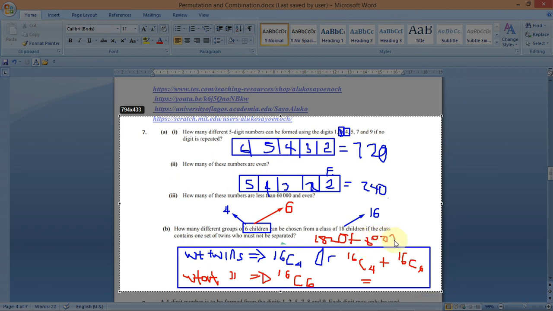So when you sum the two together, 8008 plus 1820, the final answer is 9828.